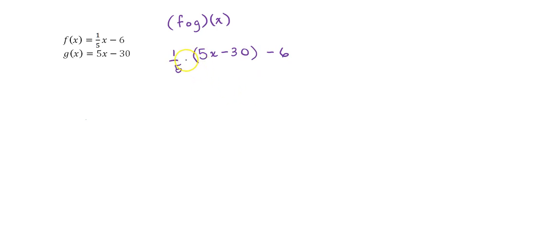So I'm going to cancel where I can. I have a 5 over 5. That's going to give me a 1. And here I have a 5 going into negative 30. That's going to give me a 6.